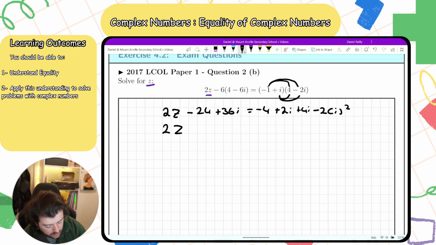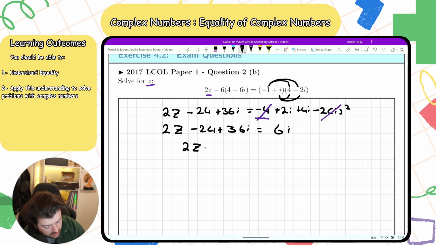So 2z minus 24 plus 36i equals. So minus 4 minus negative 1, because remember i squared is negative 1. That's going to be plus 4. So they are actually going to go to 0, because it'll be minus 4 plus 4. So my right hand side is going to be 2i plus 4i, which is 6i.